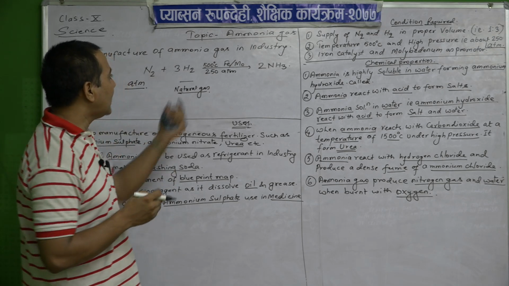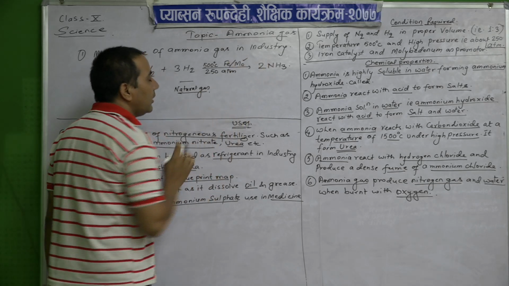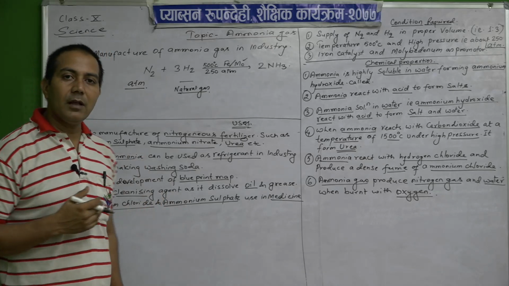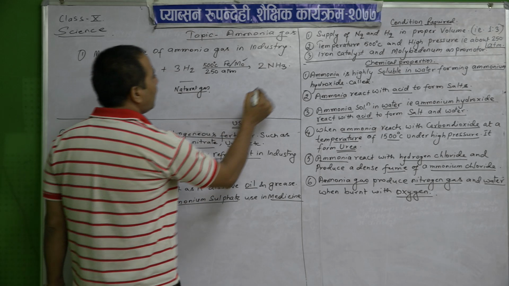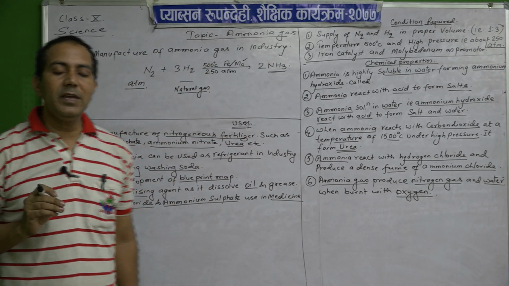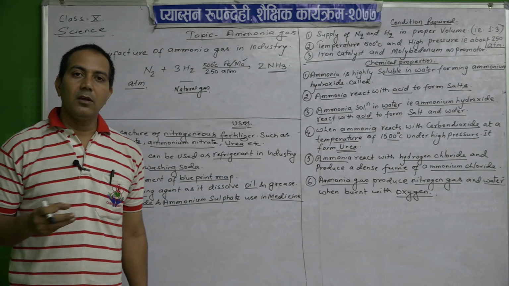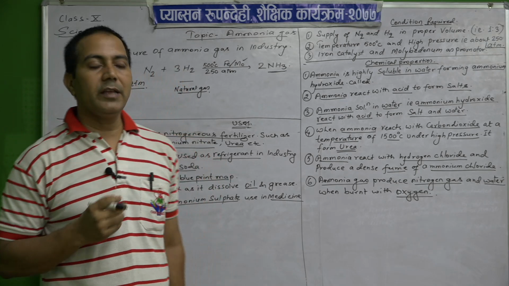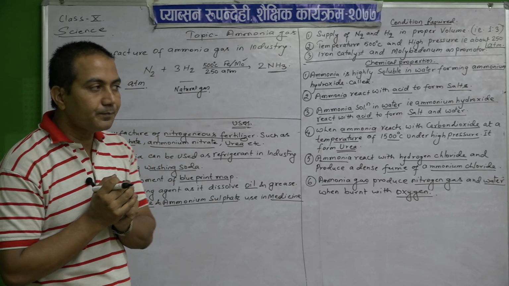As a catalyst, iron (Fe) is used, whereas molybdenum is used as a promoter, which promotes the chemical reaction. By doing this they produce ammonia. Now, the question may arise: how much nitrogen gas should be given and how much hydrogen gas must be supplied to prepare ammonia gas?